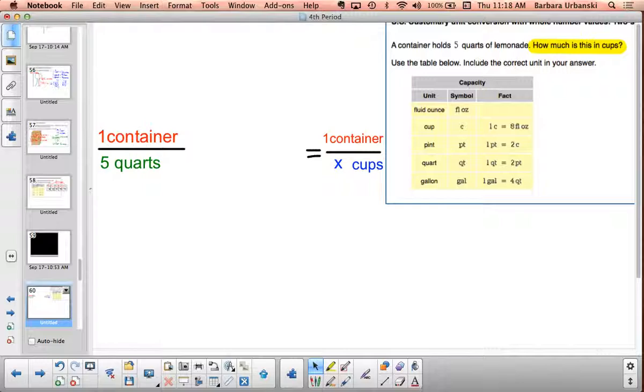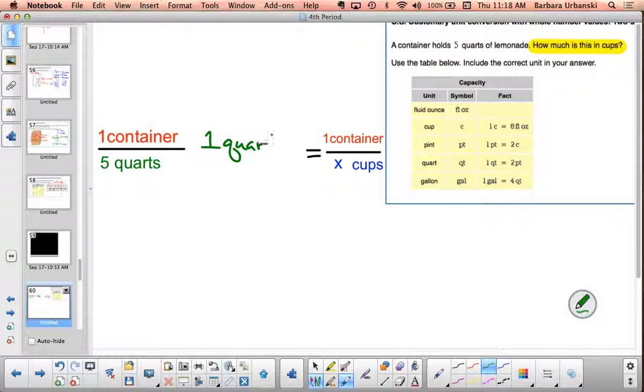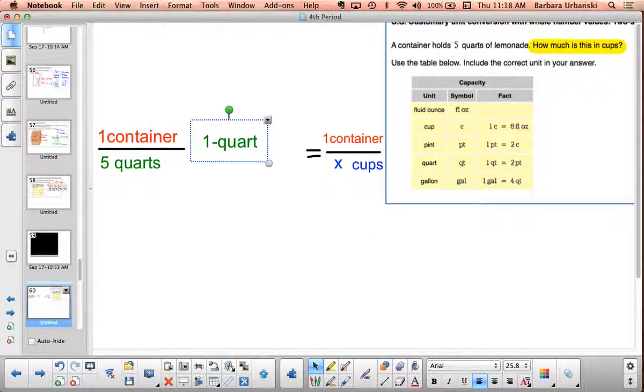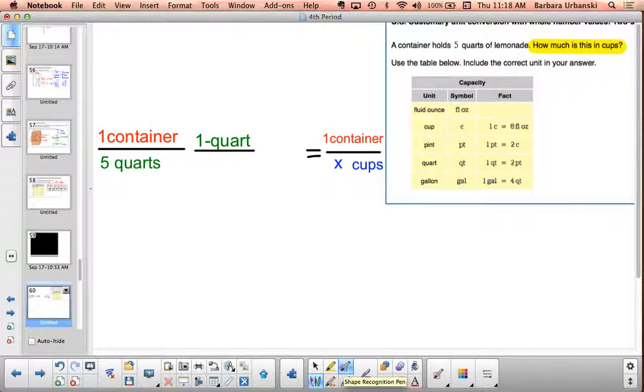Now notice, the containers are fine, but now this is not. We have quarts. I'm going to go from quarts to cups. So I can use my chart right now, and I need to try to eliminate my quarts. So I can say, okay, I have 1 quart, and 1 quart would be equal to 2 pints.